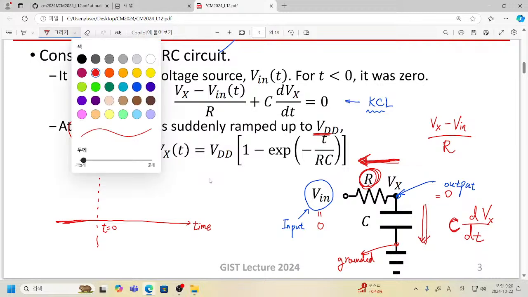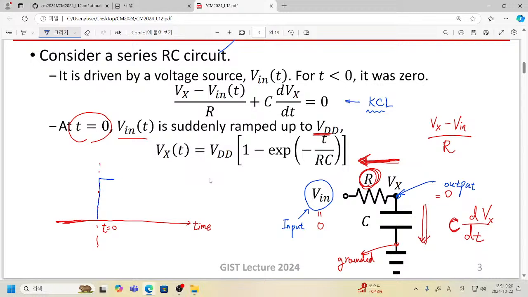However, now we suddenly increase this input voltage. So what we expect is, since this input is excited to VDD, there will be a certain reaction or response of our system against that excitation. Then what will happen to this one? That is our expectation.